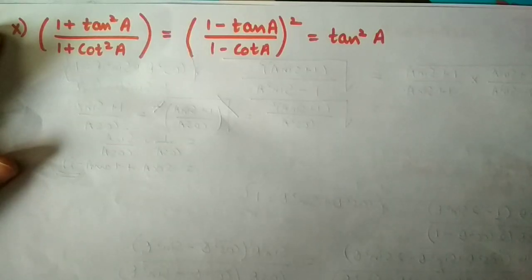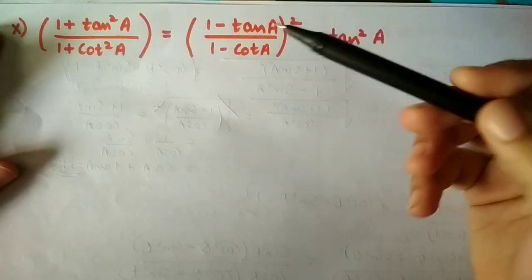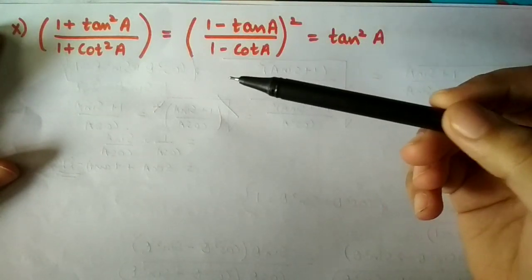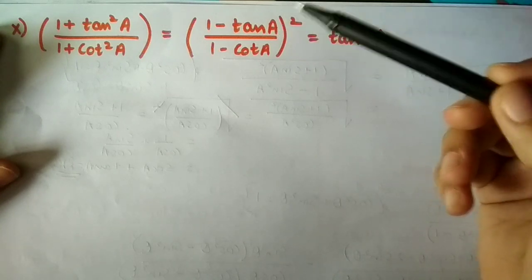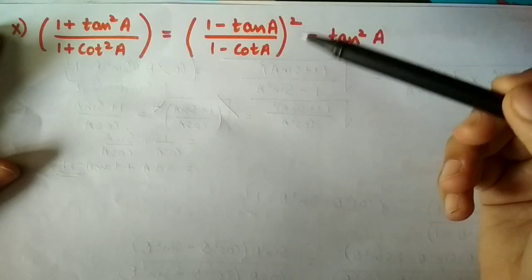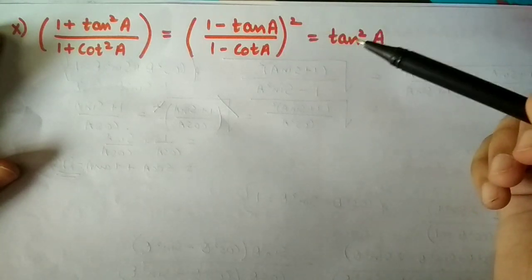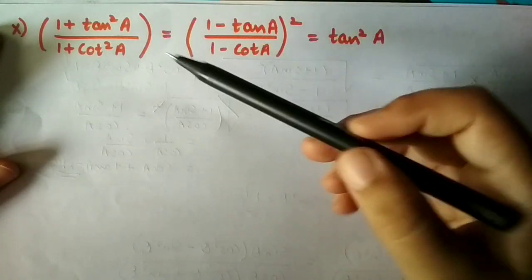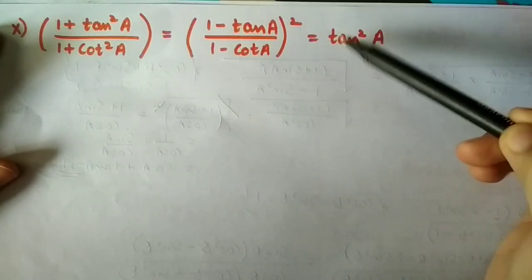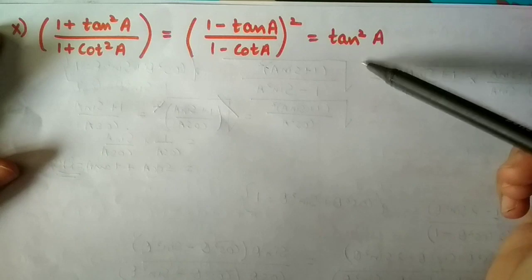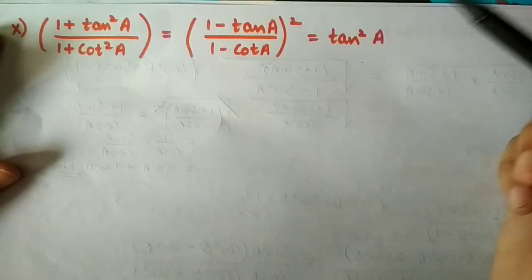Now see, in the 10th part we have to prove 1 plus tan square A upon 1 plus cot square A is equal to 1 minus tan A upon 1 minus cot A whole square is equal to tan square A. So what you do, you prove this term equal to tan square A and this term equal to tan square A, then you can say that all the three terms are equal.